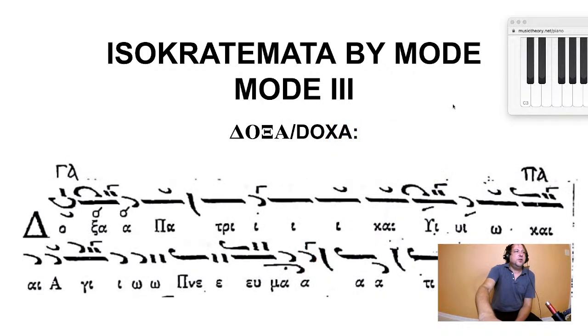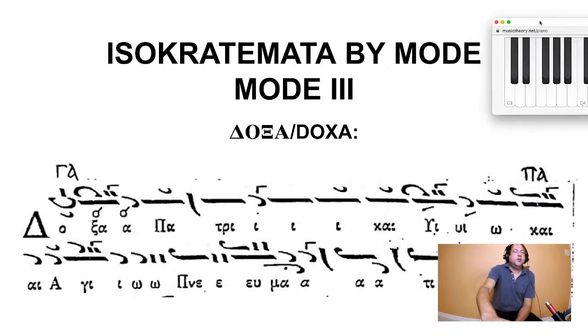And depending on who you work with, you will either hear only ra and pa in something like this, as this is written, but sometimes you'll also hear a low ni. Now remember, ni is C, pa is D, ra is F. So you have F, D, C.